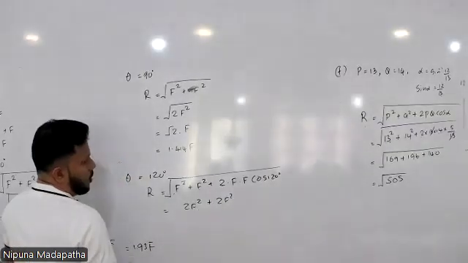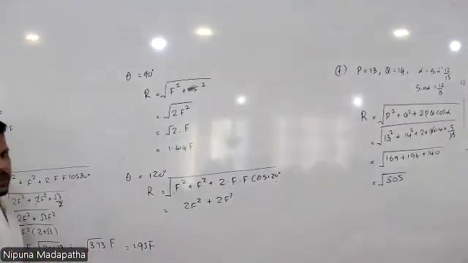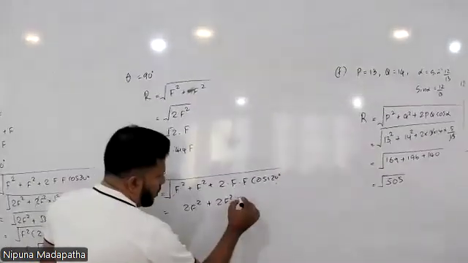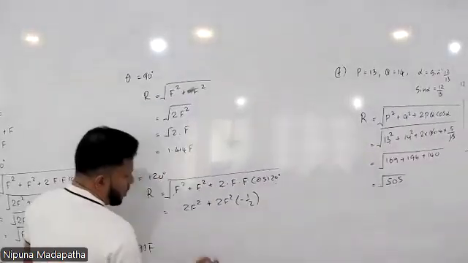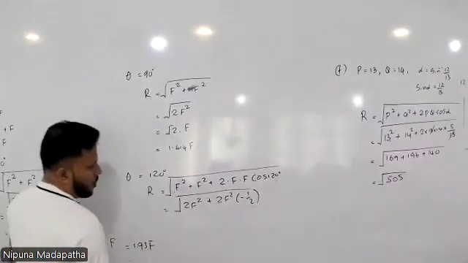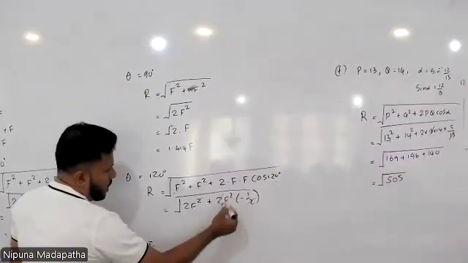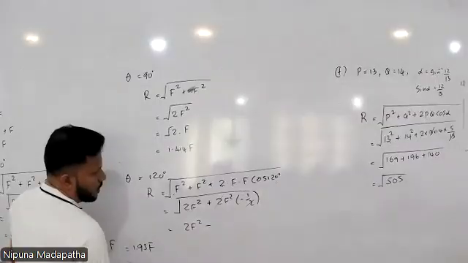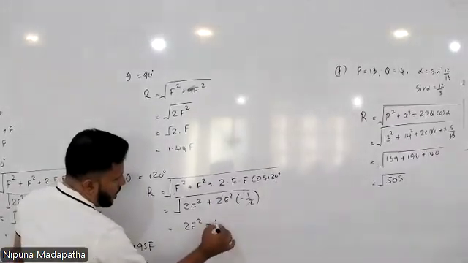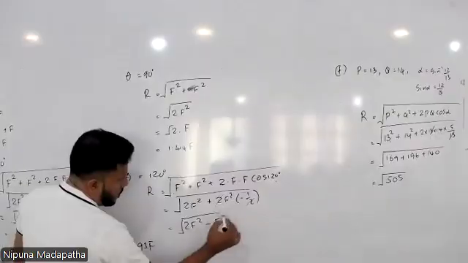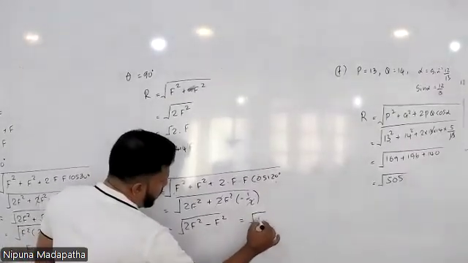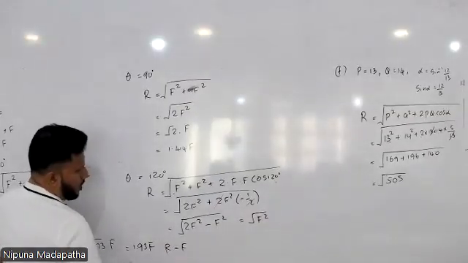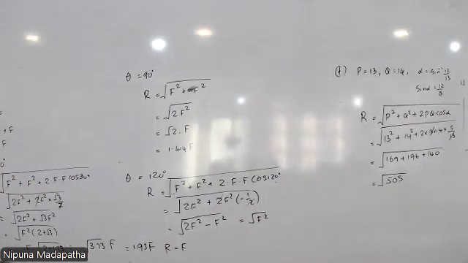What is the value of cos 120? Cos 120 is minus half. So 2F squared minus F squared. So it is the square root of F squared, and R equals F. The answer is R equals F.